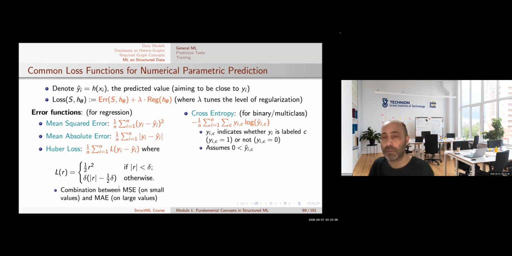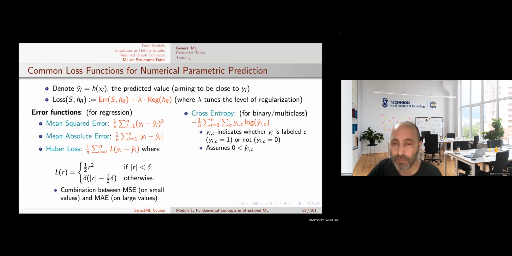Okay, there is cross entropy that basically applies to binary and multi-class classification, where what we learn is a score of how likely it is that xi should be mapped to the class c. So this is yic hat.